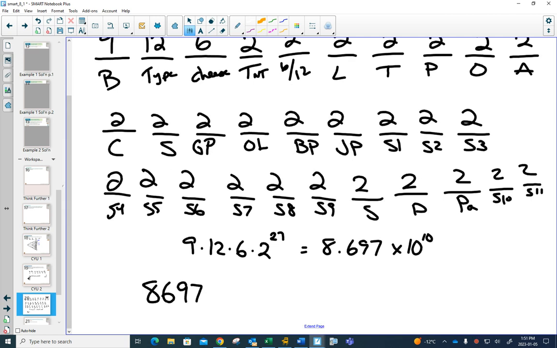Just to give you perspective, times 10 to the 10 would mean that after the decimal place there would be 10 numbers. This is an approximation because the last zeros we didn't put all the digits down.